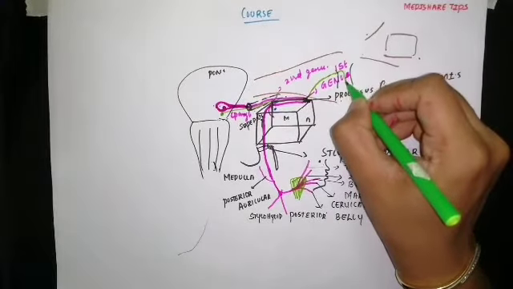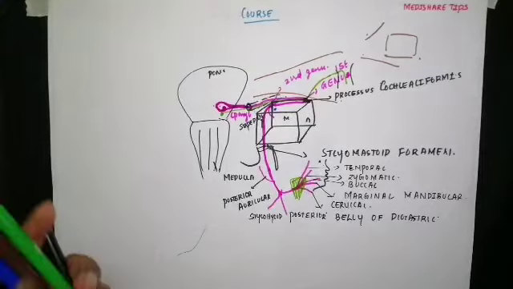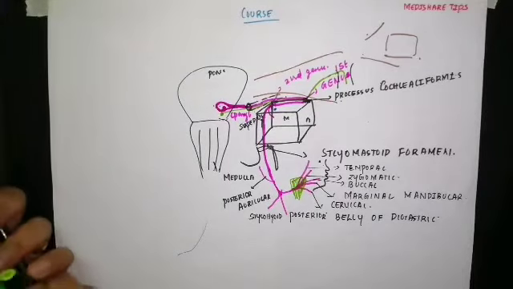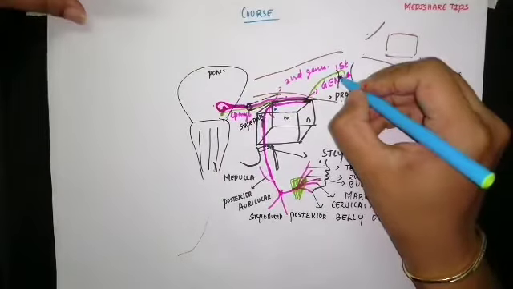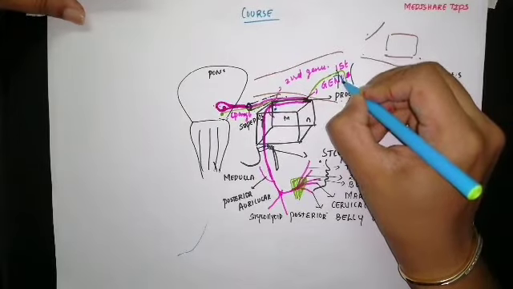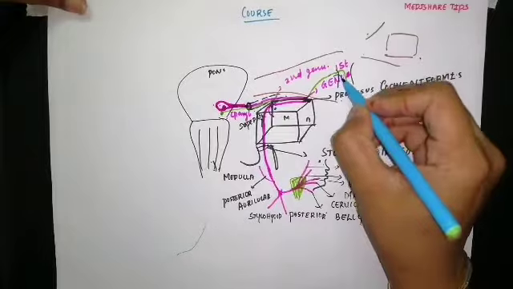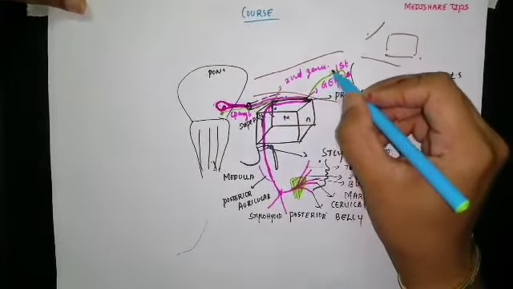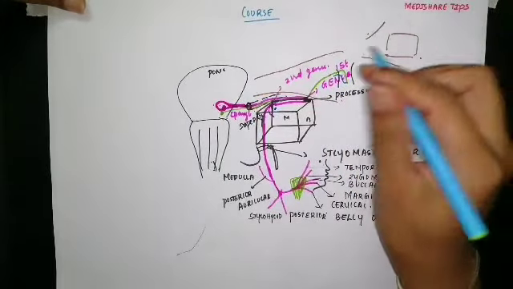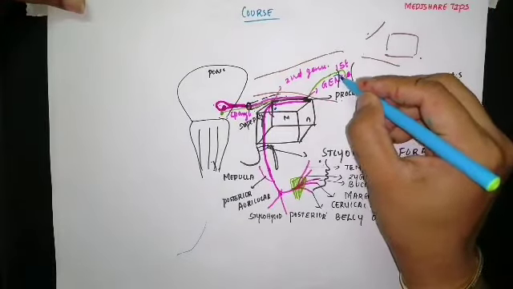Here it is joined by another nerve, which is known as the deep petrosal nerve, which carries the postganglionic sympathetic fibers from the internal carotid artery.